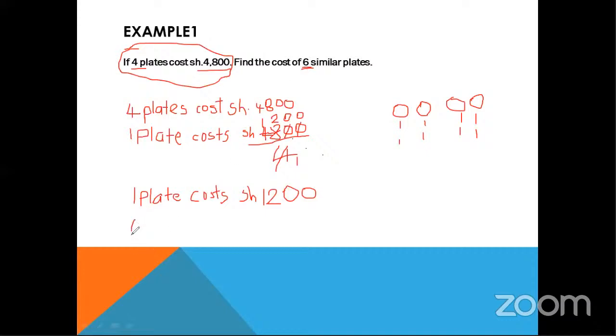So how about 6 similar plates now? What will be the cost of 6 plates? That is where multiplication comes in.